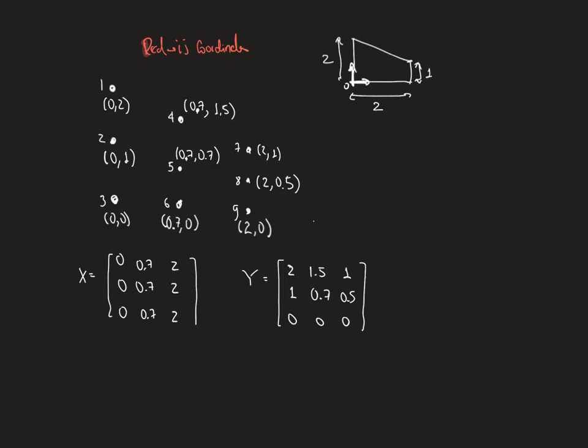Let me just put this in here. This is 1 1, this is going to be 2 1, 3 1. Okay, and then we have all the ij coordinates.